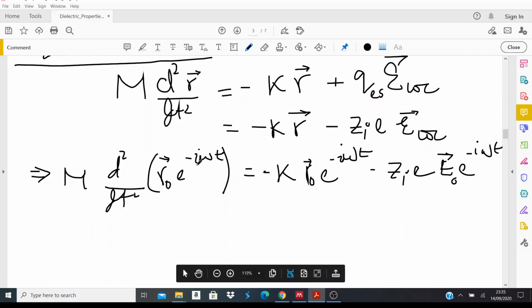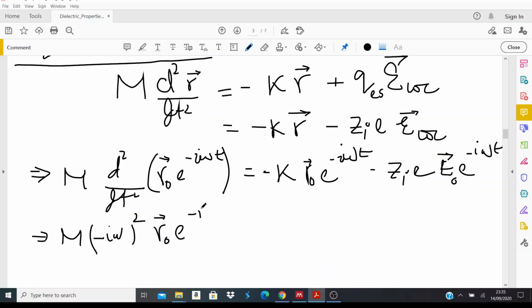So if I differentiate this term twice, this r naught is independent of space and time, so that's just a vector, but the derivative will operate on the exponent twice, right? So we'll bring down this minus i omega factor twice when we differentiate twice. That's why we really use this exponent form, because it's very easy to differentiate, right?